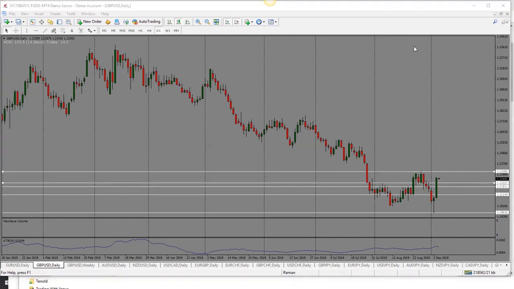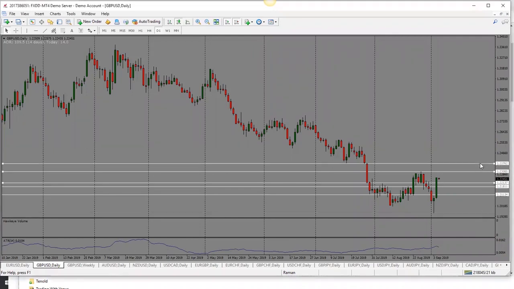So one of those. Bias is bullish, but I would look for a bit of a pullback here before we see a further move to the upside. First target would be 1.2300. And if it goes through that level, we're looking at 1.2380 as the second target. So bullish bias here for pound dollar.